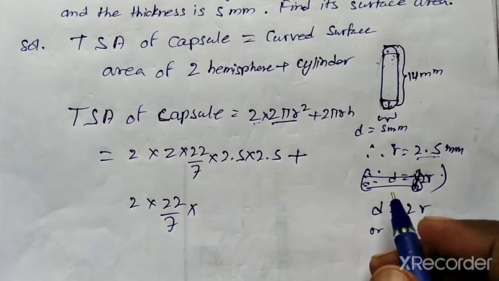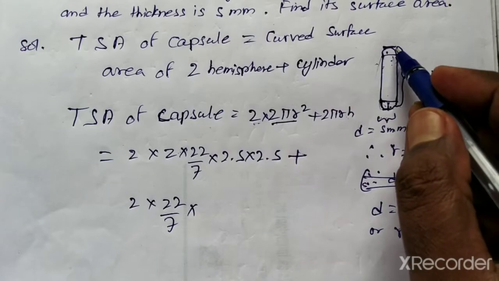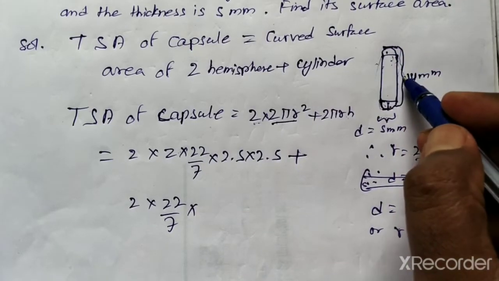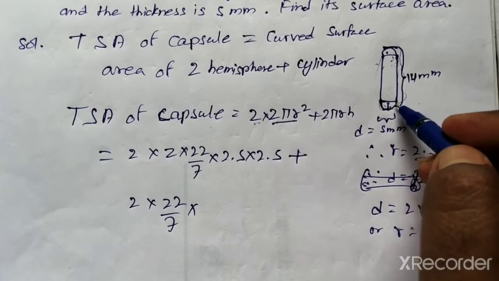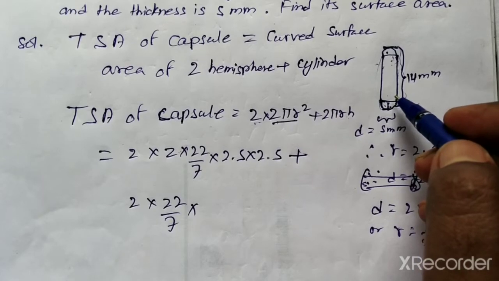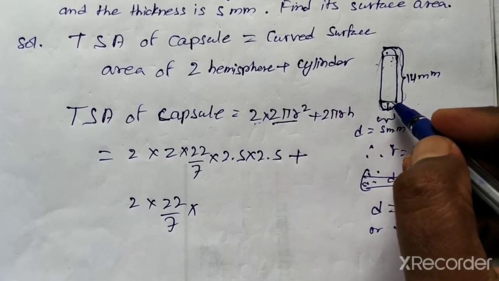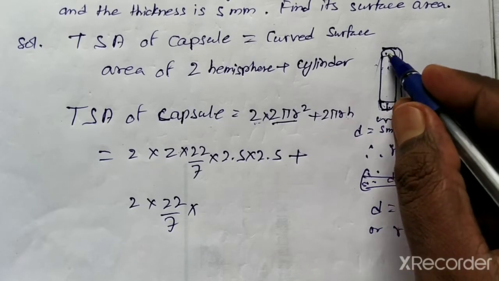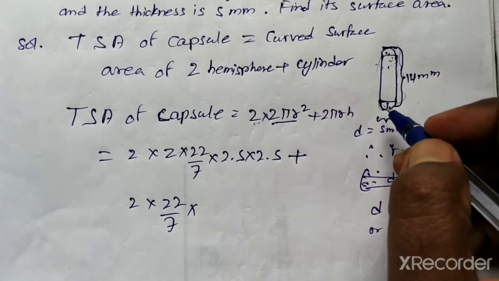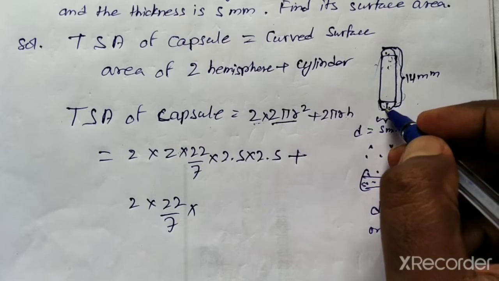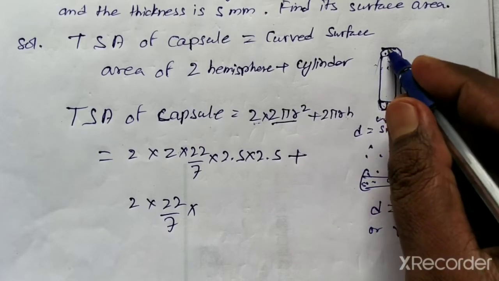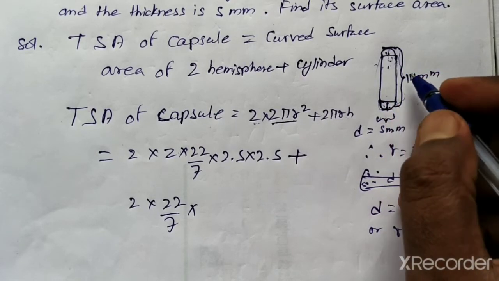What is h? This is the total length. So to find the height of this cylinder, from this to this, we will subtract this radius and this radius from the total length.